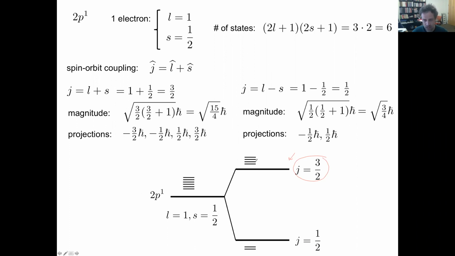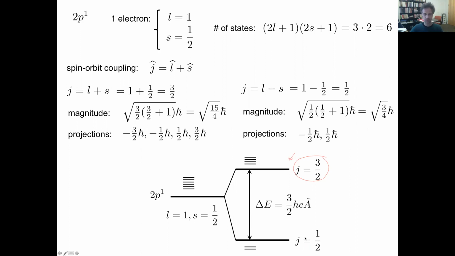So there's 4 states now where the combined angular momentum is a little higher than the states below it, where the combined angular momenta of the spin and the orbital sources of the electron are now lower. Okay, and that leads to the fact that I have a 4-fold degenerate state here for this spin orbit coupled state, and a 2-fold degenerate state here for the lower spin orbit coupling state.